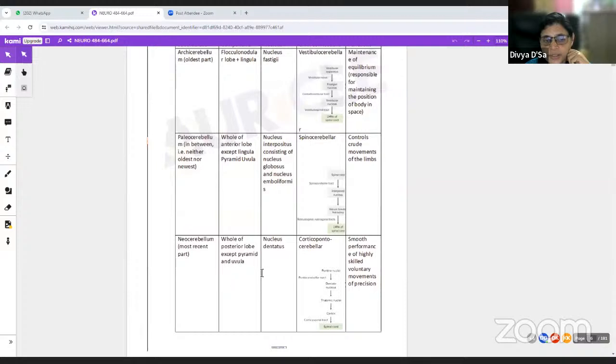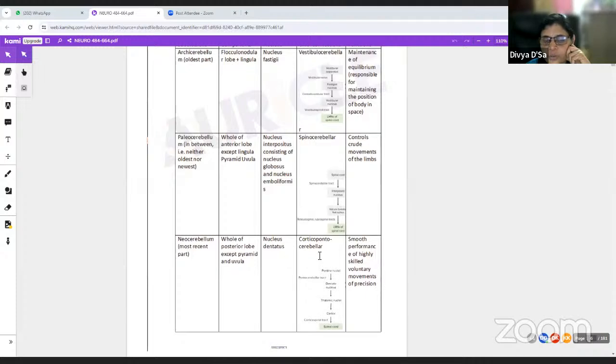Neocerebellum is the most recent, and it includes the whole of the posterior lobe except the pyramid and the uvula. So except pyramid and uvula, the rest of the entire posterior lobe is included in the neocerebellum. Here the nucleus is nucleus dentatus.